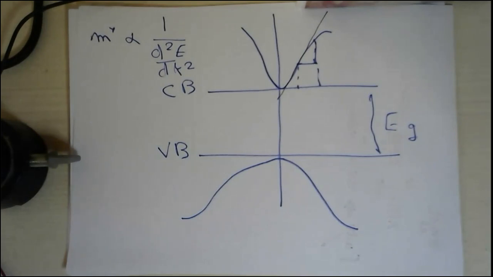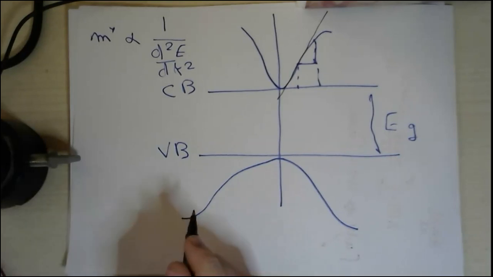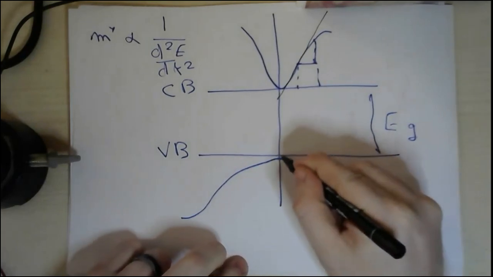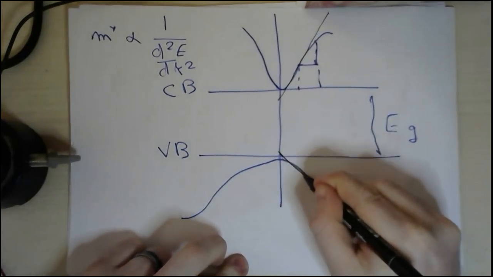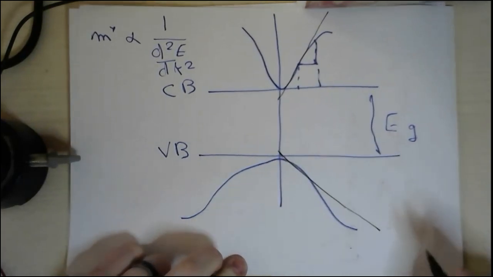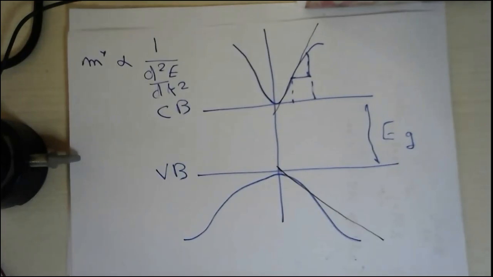Using the same method, we can also estimate the effective mass, or the slope of the down curve, which represents the holes, because this is the valence band. So we will plot here a straight line like that. And then to make it easy, we will take the same x portion.